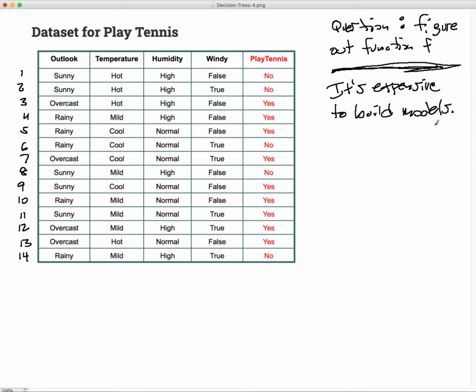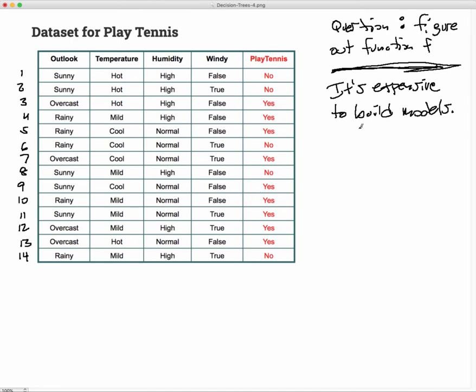It takes time. The boss comes in and says, here's some data that I have here, and I want to predict playing tennis. You're some high-paid data professional with teams of people working for you, and it could take a very long time to figure this out. Well, that's costing money.